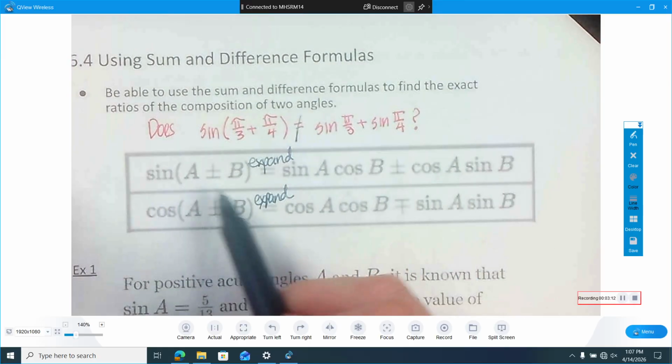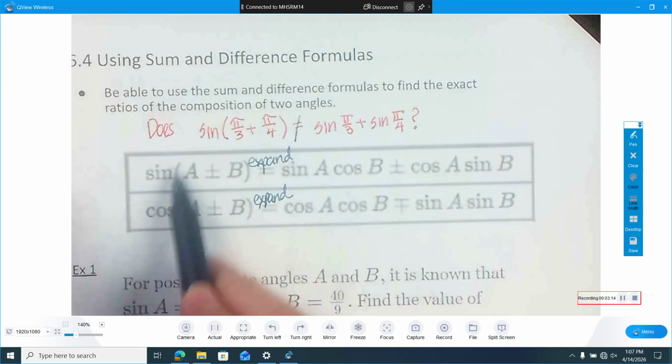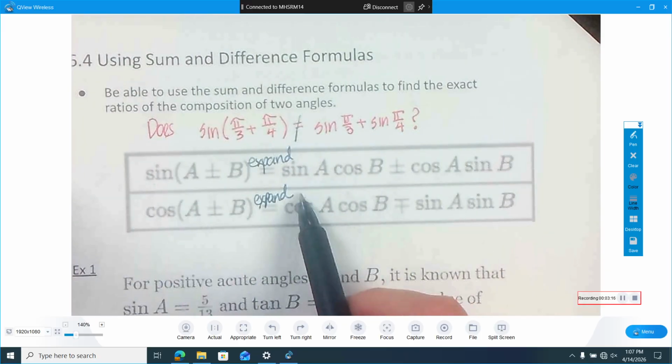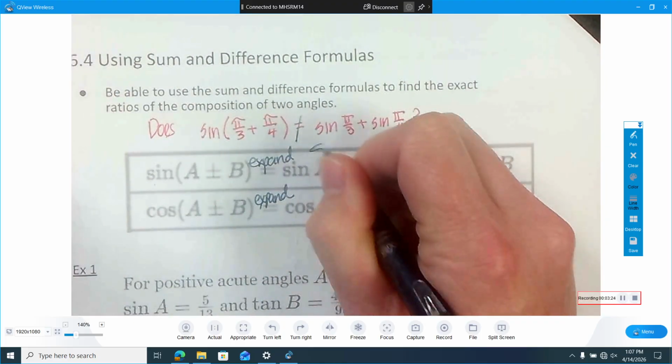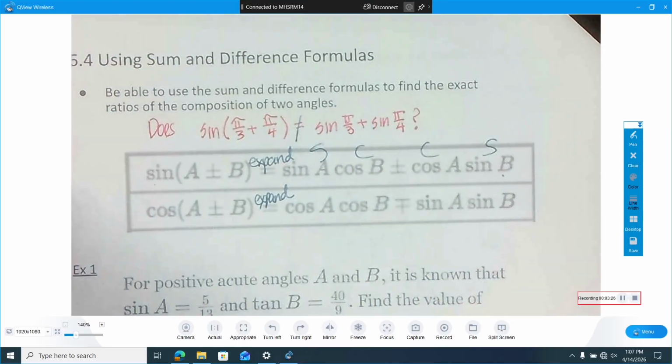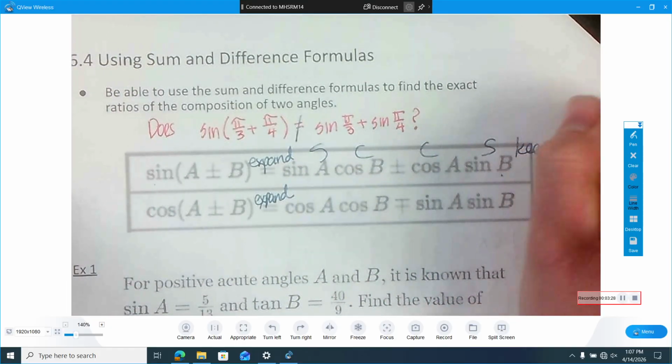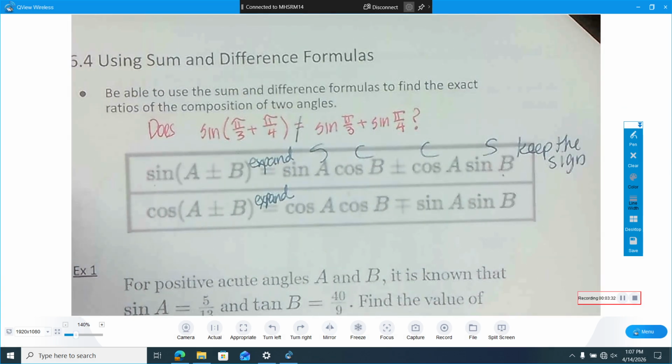When I look at the sine of the sum of two angles, the pattern in my head is sine, cosine, cosine, sine, keep the sine. That's what I say to myself.